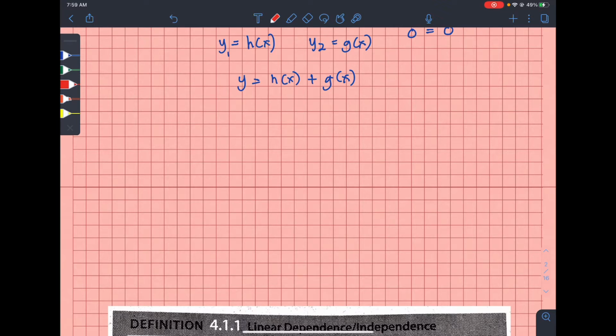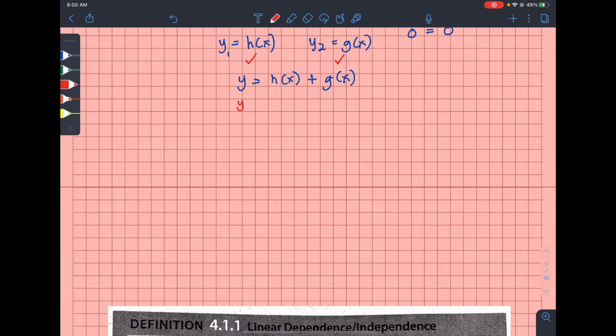In this case, we have y sub 1, the first solution, and y sub 2 as the second solution. So if I add those two solutions, forming a general solution, will it still be a solution of the differential equation? So let's find out. Let's try to derive.